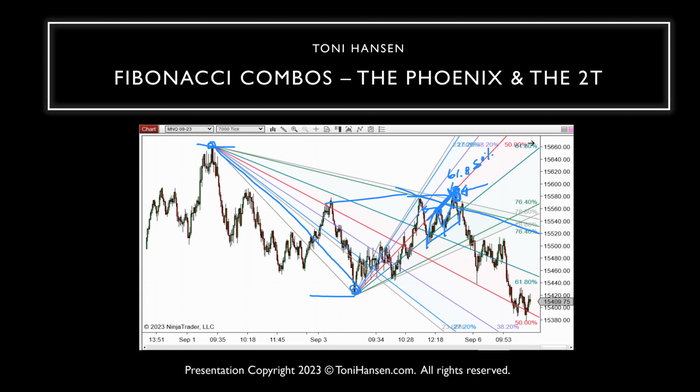And so all of these things help with confirming this as a good breakdown pattern for a continuation on the downside. I was looking at it as this bigger megaphone that you can kind of see forming here, where we pull up, we have the two waves down, we pull up, this is a Phoenix in here. It breaks that downtrend channel, goes to a slightly lower low. This is a 2B, which is the reverse of the 2T up here. Goes into the Phoenix and then the slightly higher highs.